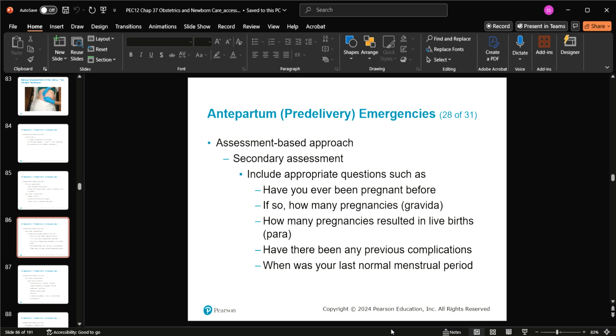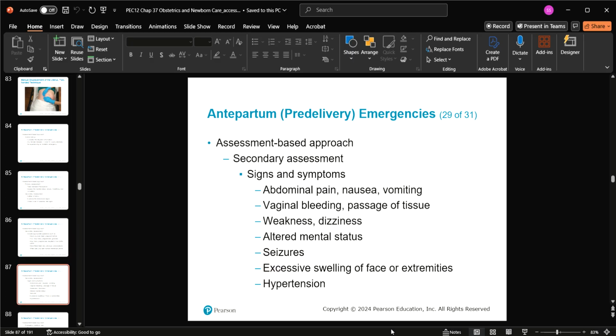And if you are in a situation where they may be imminently going into labor, or they are in labor, knowing whether or not they've had a C-section before could adjust how quickly you need to get to the hospital. Or if they're in labor, you need to get to the hospital quickly regardless.